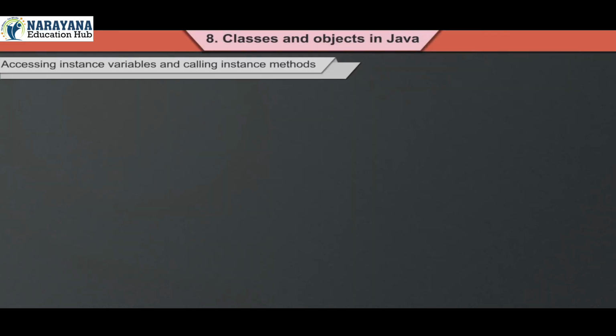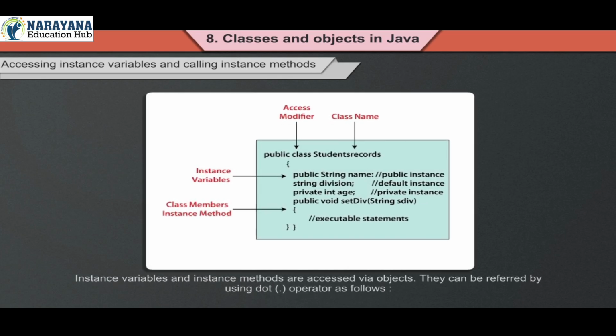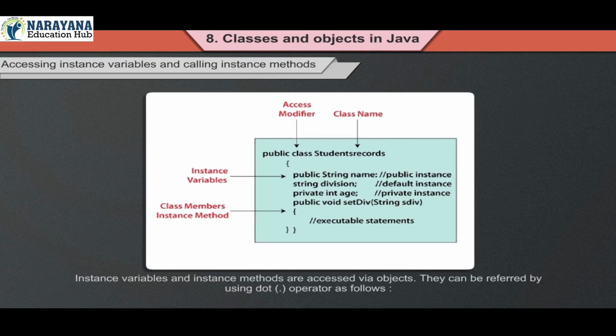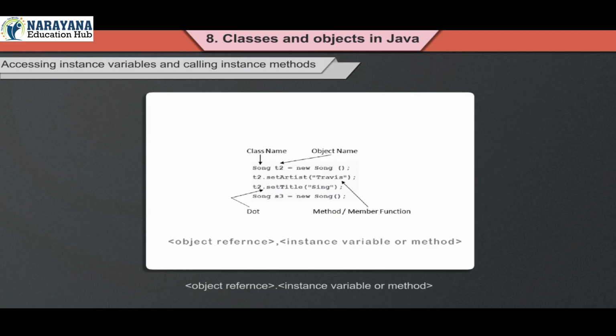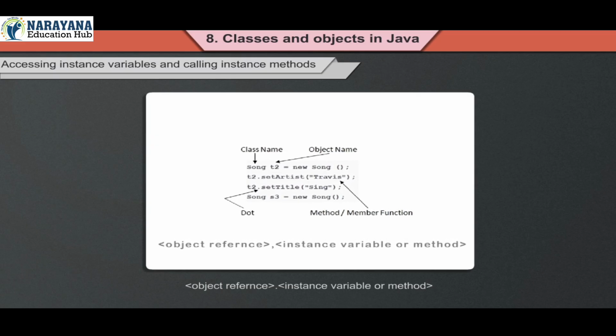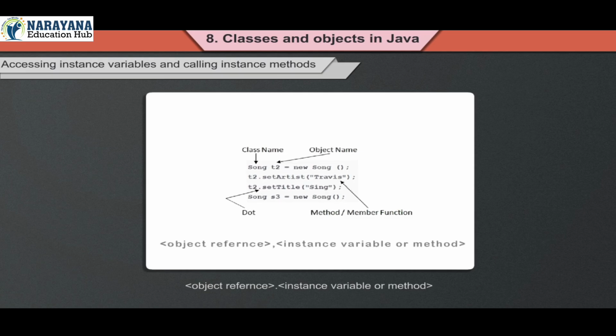Accessing instance variables and calling instance methods. Instance variables and instance methods are accessed via objects. They can be referred to by using the dot operator as follows: <object reference>.<instance variable or method>.